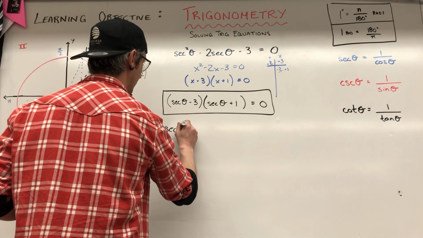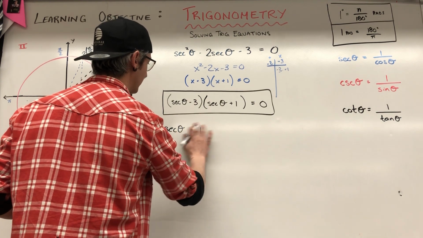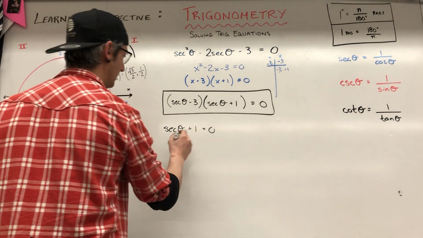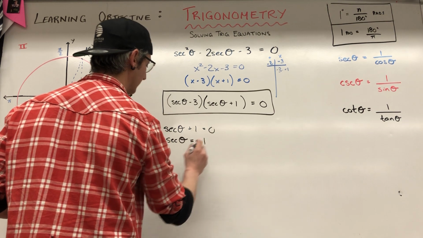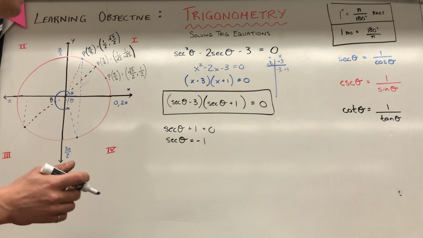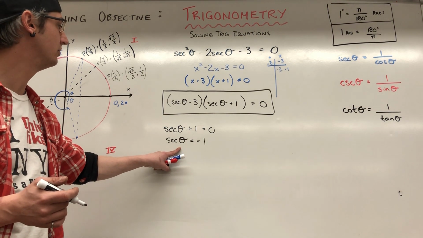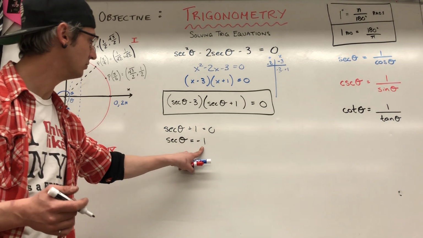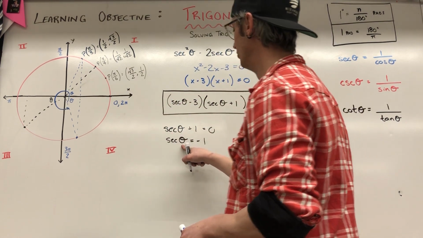Secant theta is equal to negative 1 from here, because secant theta plus 1 equals 0. But this is not going to help me until I figure out what cos is equal to, or what angle this would work out to with cos.